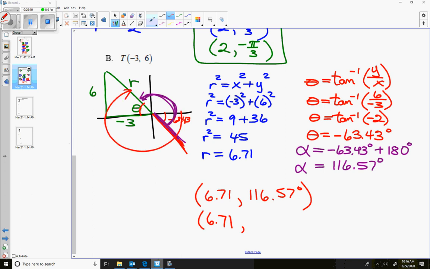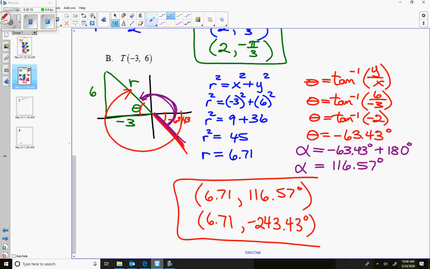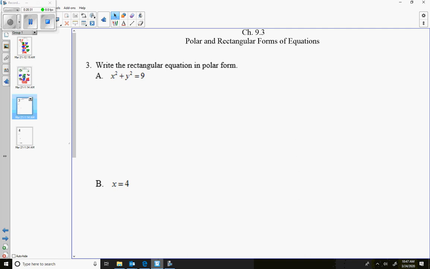And when we do that, we get negative 243.43 degrees. So those are two possible answers. There are actually four. All right, flipping the page. Long lesson here today. All right, number 3.